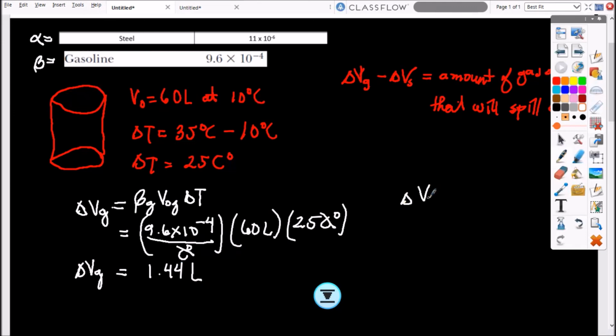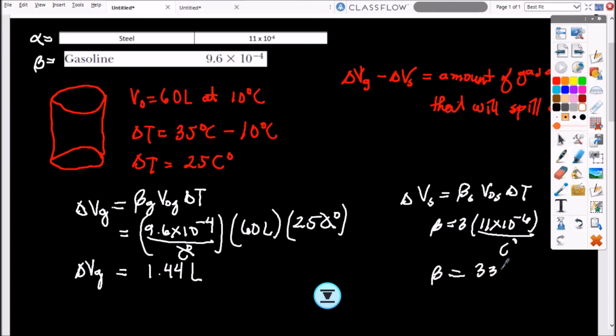The change in volume of the steel tank, sub S meaning steel tank, will be beta of the steel tank times the initial volume of the steel tank times delta T. But what is beta of the steel tank? Okay, let's solve first for the beta. Beta is 3 times alpha. The alpha of the steel tank is 11 times 10 to negative 6 per Celsius degree. We have beta equals 33 times 10 to negative 6. Right, that's for beta.